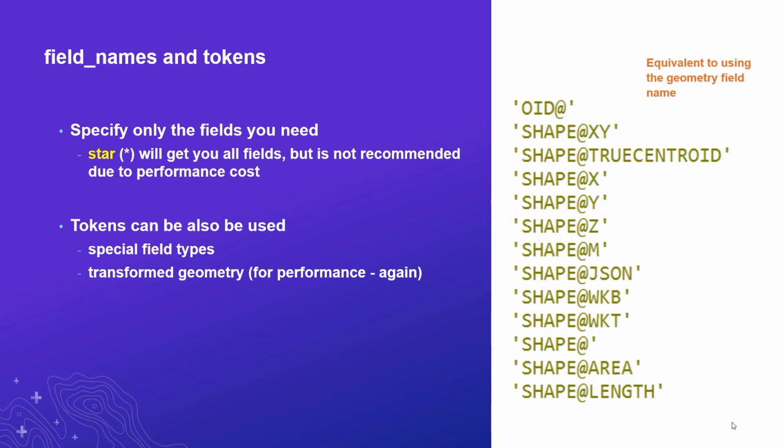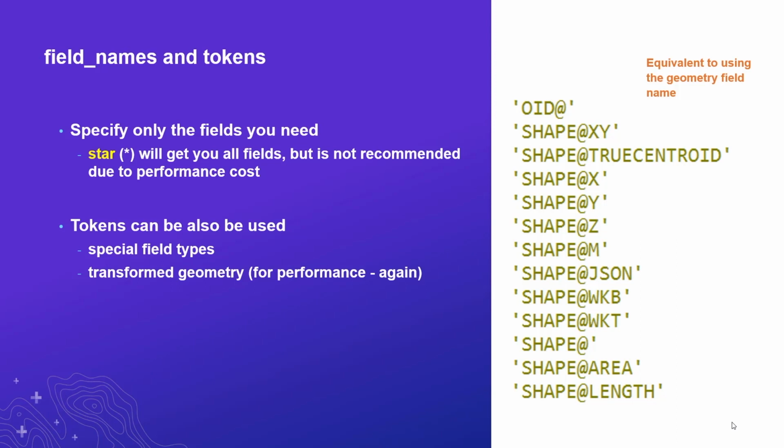As Danny showed in his demo, there's some special values you can set into the field name argument. One of them is a wildcard or star character. This comes from the SQL syntax that everybody's familiar with. And what it does is it tells the cursor to pull all the fields into the cursor. The problem with using it is that typically when you're writing code, you're working with a known set of fields, and pulling all of them into the cursor will slow down the cursor.